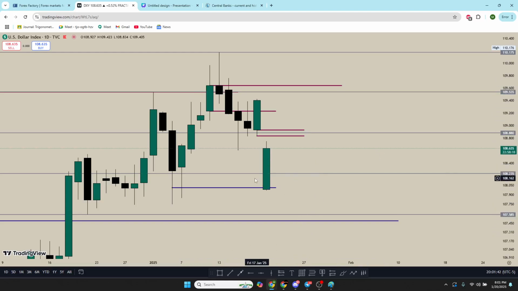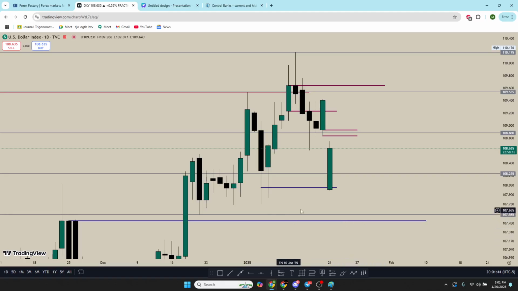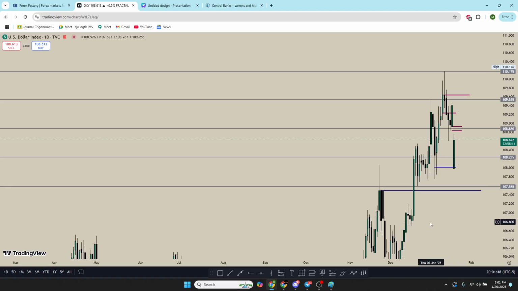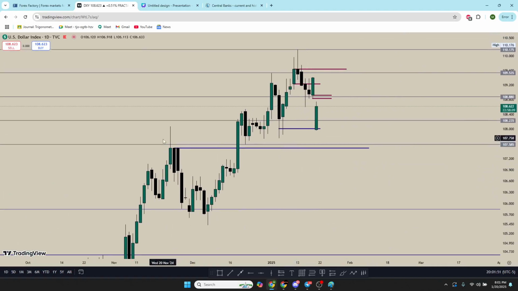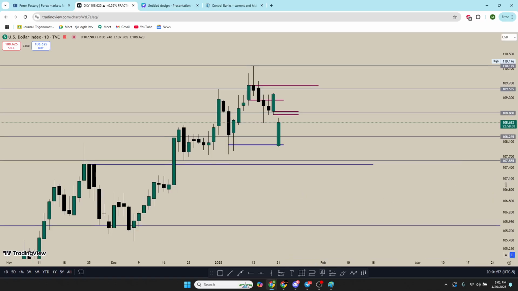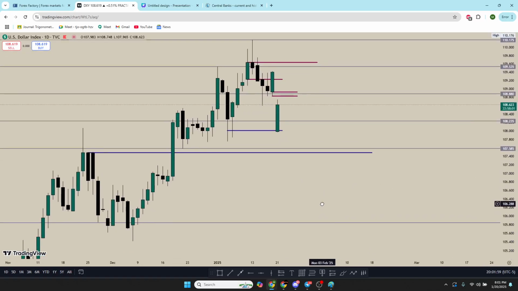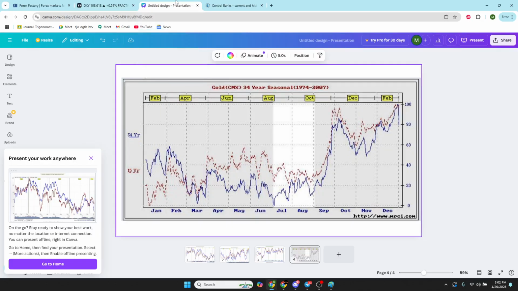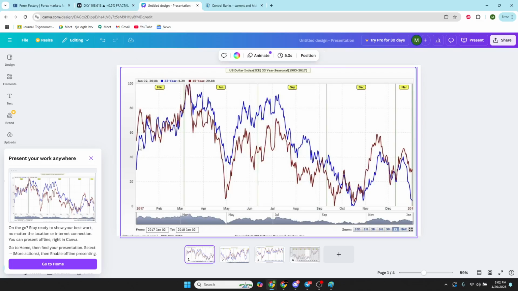I'm considering us bearish at this moment because of the higher time frame. I like this order block here for it to trade down into to create new buying, but until then, I'm looking for price just to be bearish on the dollar index, even though we have a bullish stance on the dollar index.